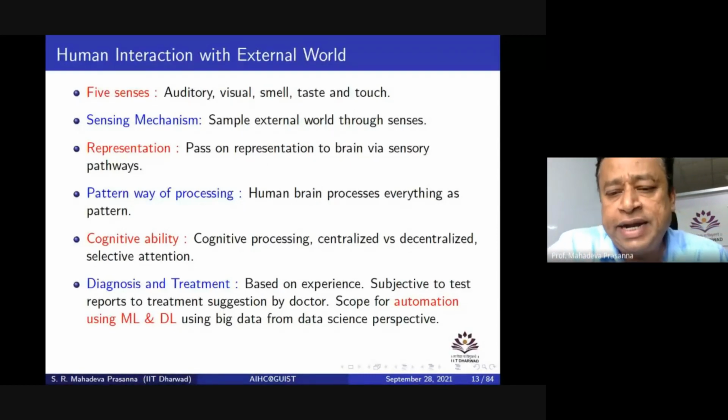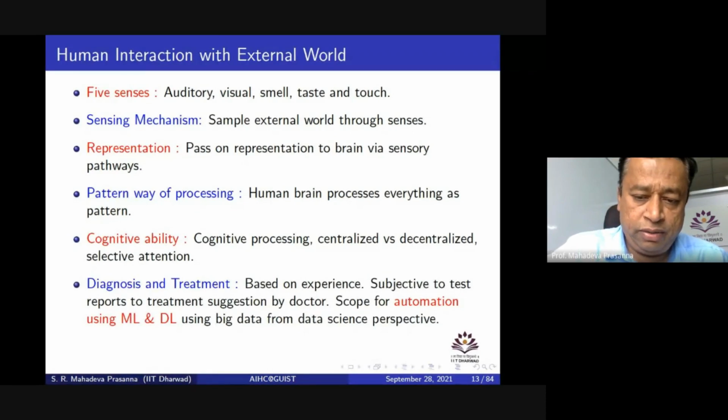Now, in the current generation, most doctors will not interact with you in terms of the experiential aspect. They don't use it. What they use, they completely rely on the test reports.